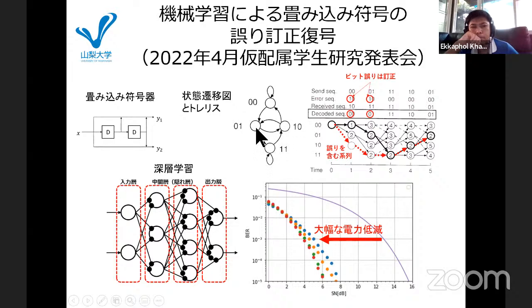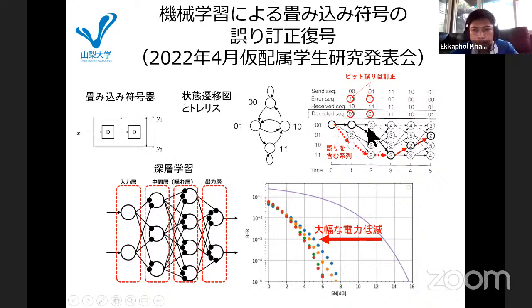This encoder's state change is represented by this diagram, called the state transition diagram. So from 00 to 00 or 01, from 01 to 10 or 11, and from 11 to 10 or 11.